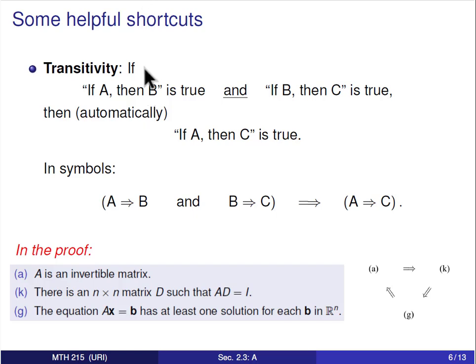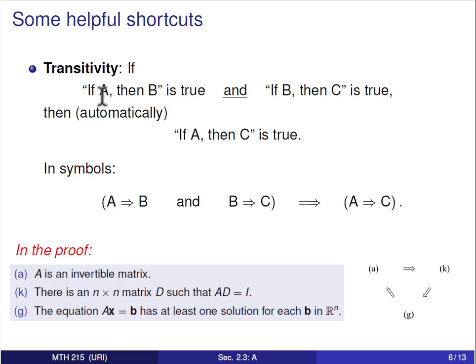What our proof does in many places is it uses this property of transitivity. If you have the statement, if A, then B, and that's a true statement, and the statement, if B, then C is true, where A and B are different mathematical conditions, then automatically you know that if A is true, then C will also be true, all right?